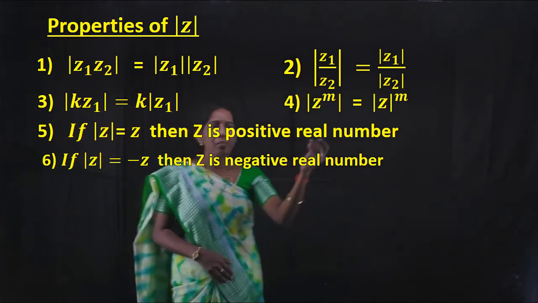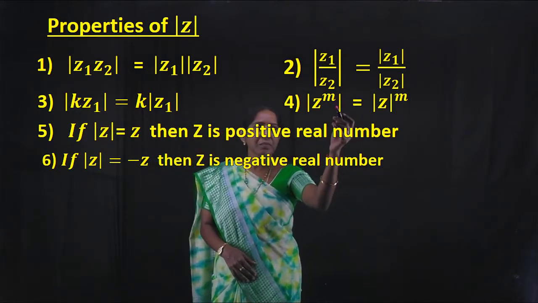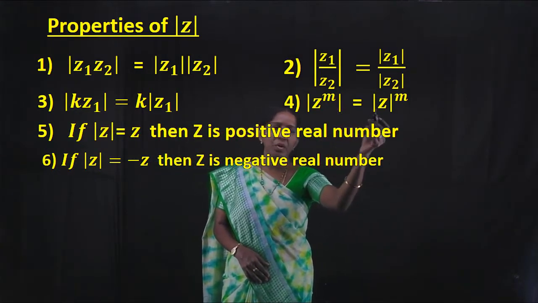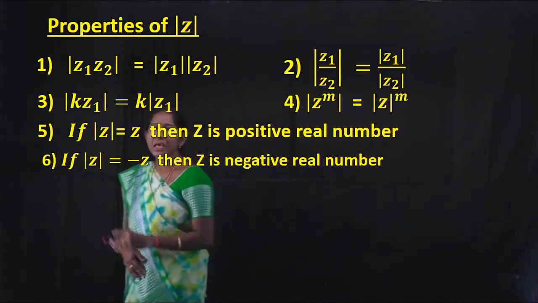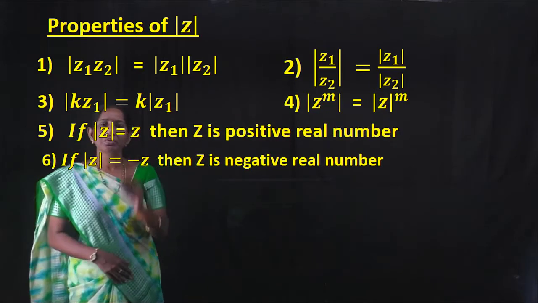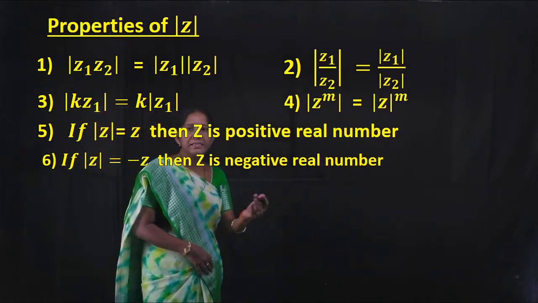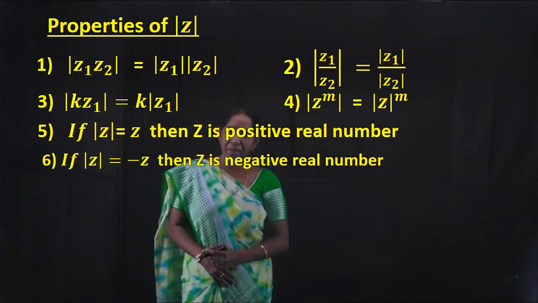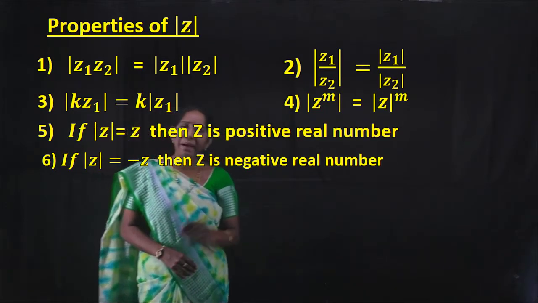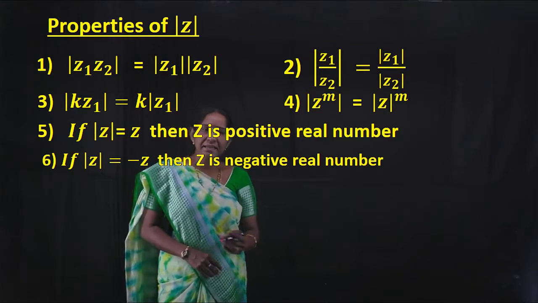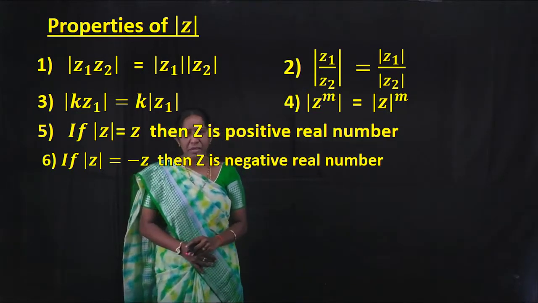Next one, modulus of Z to the power m, that is equal to mod Z whole to the power m. And fifth one is, if mod Z is equal to Z, then Z is a positive real number. Next one is, if mod Z is equal to minus Z, then Z is a negative real number.